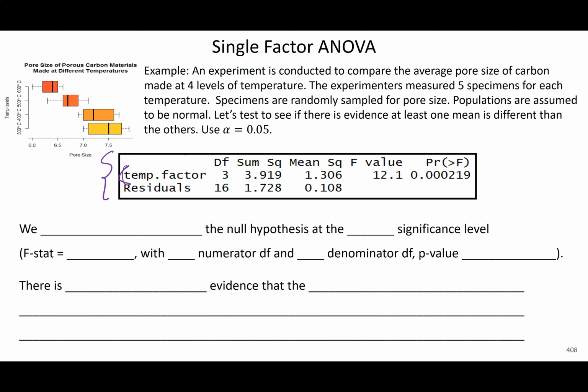So temp is my factor here. This is my degrees of freedom for my treatment. This is my degrees of freedom for my error. It gives me my sum of squares, SS, mean square, MS. So if you can get on board with this is my treatment, and this is error. When you see residuals, that tends to be synonymous with error for us.